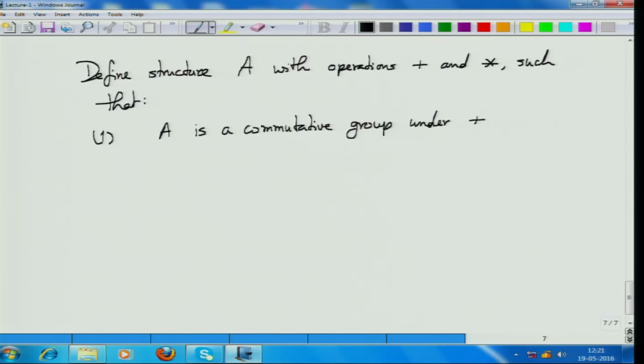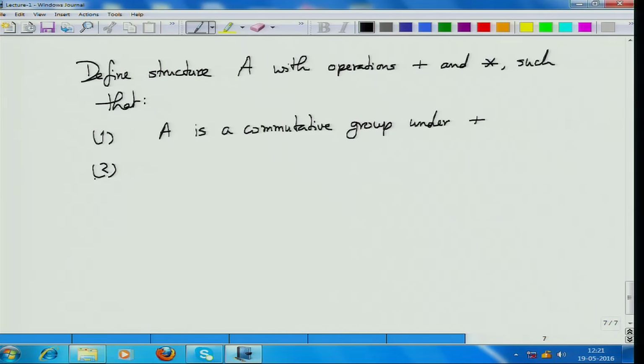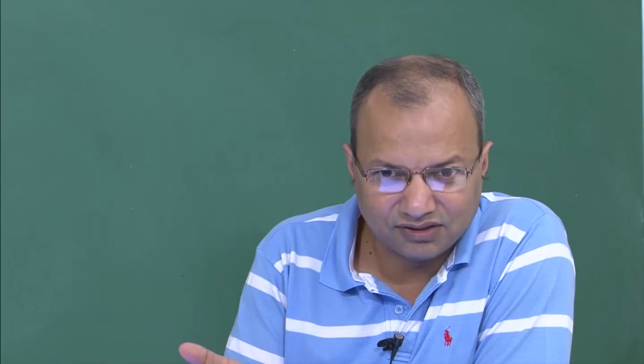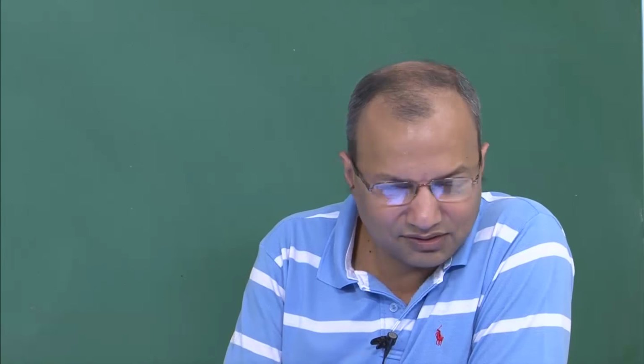That is again borrowing the property from numbers. Addition is commutative. Now, let us bring in multiplication. We should not say that A is a commutative group under multiplication, although there are certain types of numbers where it is true, but we do not want to say that yet.